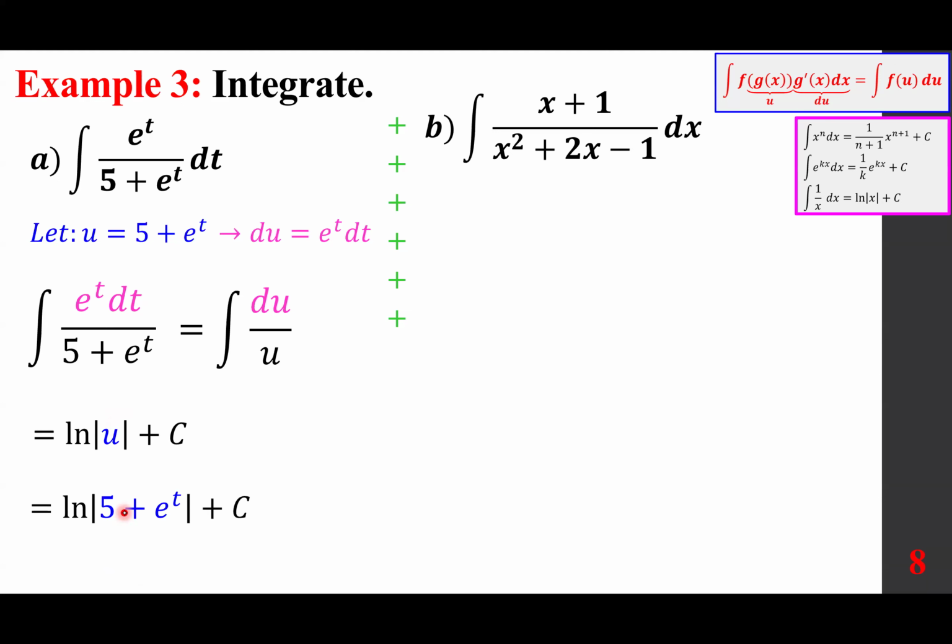Now, what happens in part B is that you want to simplify if you can, and you cannot.